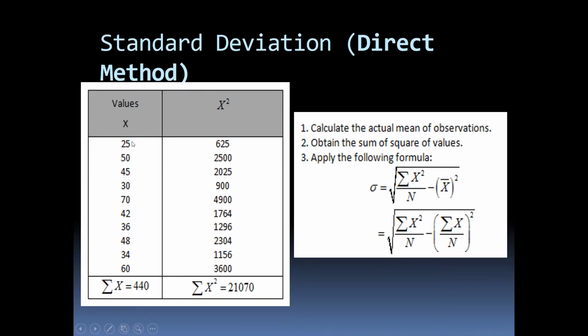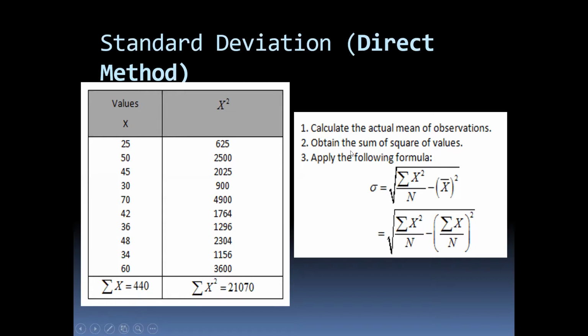You can see that the series is the same: 25, 50, 45, 30, 70, 42, 36, 48, 34 and 60. Summation of x is 440, and the mean is 440 divided by 10, that is 44.